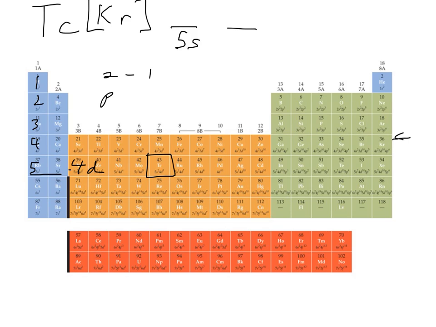S 1 orbital, P 3 orbitals, D 5 orbitals. So 1, 2, 3, 4, 5. 4D. The S is completely filled. And then where's technetium in the D block? It's 1, 2, 3, 4, 5 in, so it's 5D.